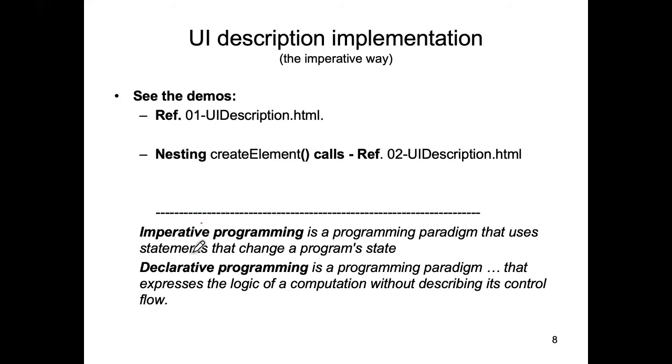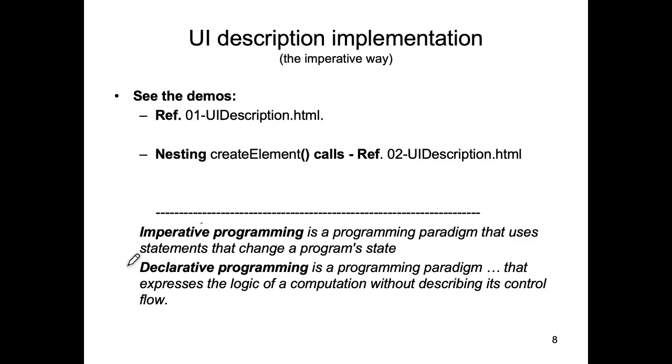That's imperative programming. An alternative style of programming is declarative programming, where you describe the logic of what you want to have carried out, but the actual sequence of steps to execute that logic is taken care of by the runtime environment itself.